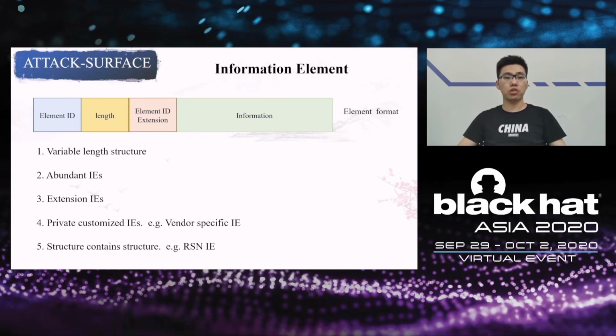Taking the RSN information element as an example, it represents robust security network. The information element enables the station and access point to exchange security information. It contains the encryption suites supported by devices. The encryption suite has a count field and the corresponding suite list.